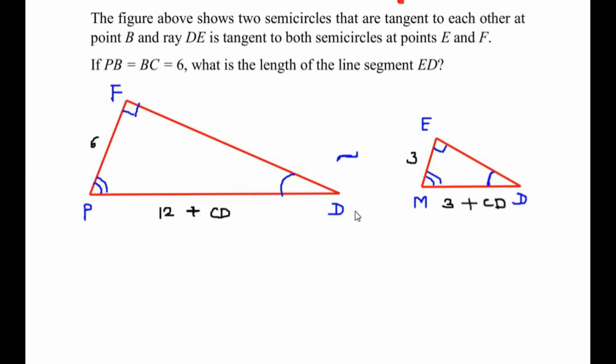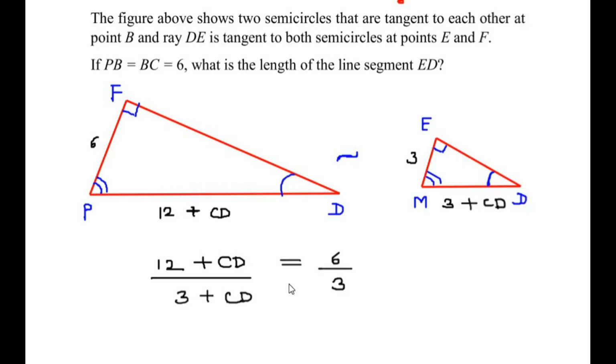So we will take PD over MD first. So it is 12 plus CD over 3 plus CD. The corresponding sides are proportional. This will be equal to, from this triangle it is PF, which is 6, over, from this triangle it is going to be 3. These are the corresponding sides.